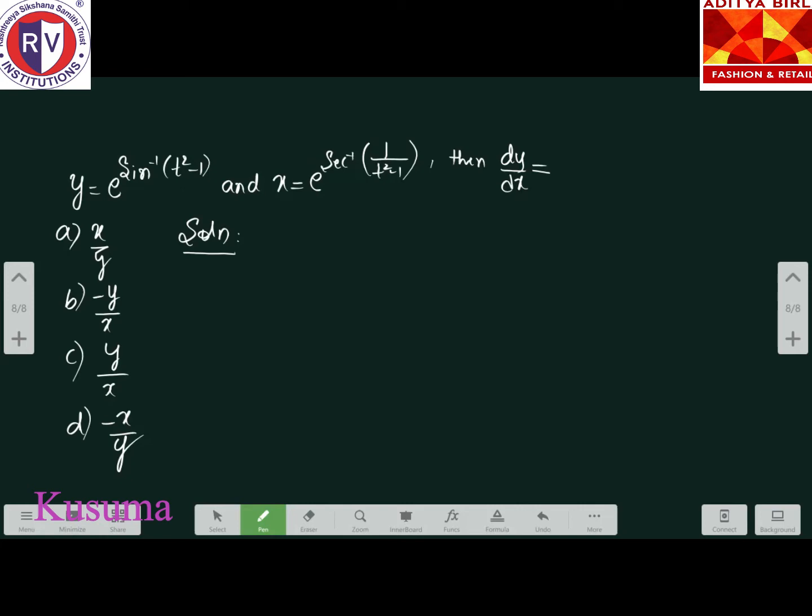We will do it in some other way, which will make our calculations easy. Okay, so look at this x. X is e to the power of secant inverse of 1 by t square minus 1, right? Can we write it as e to the power of cos inverse t square minus 1? We can write it in this way, right?